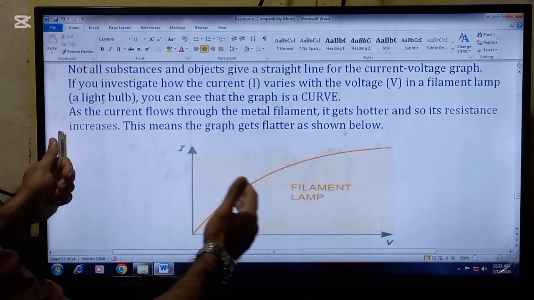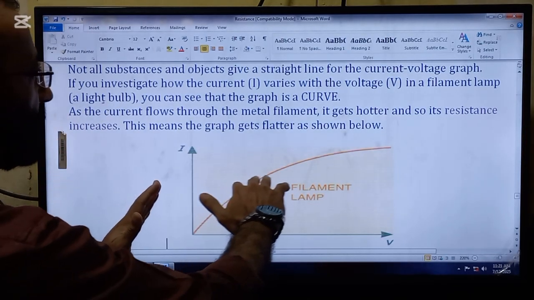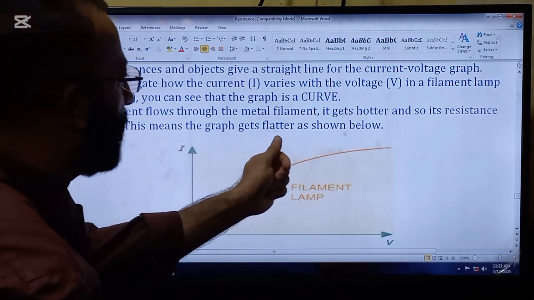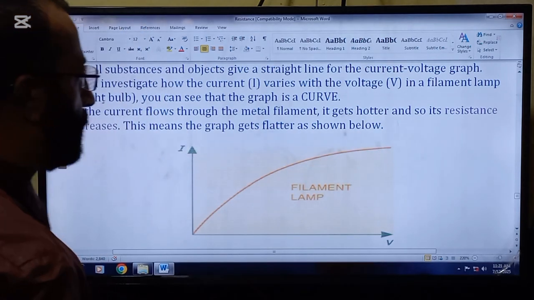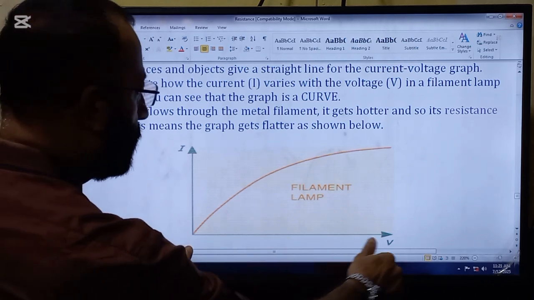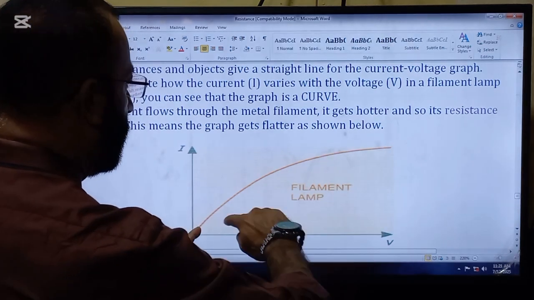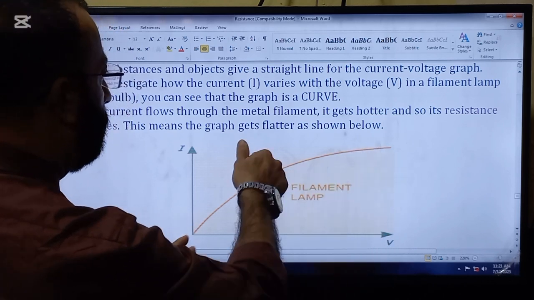So resistance increases, so that's why less current will be passed. This means that the graph gets flatter as shown below. So the more the voltage, the more the resistance will increase, so less current will pass through it. So that's why the graph gets flatter.